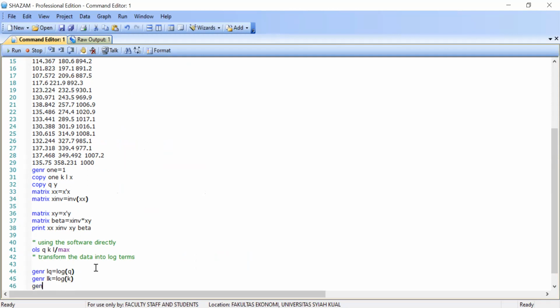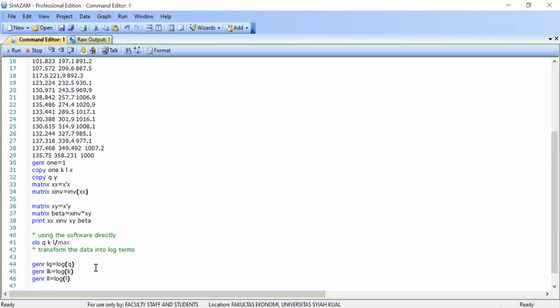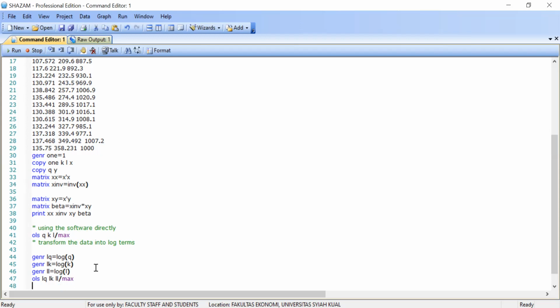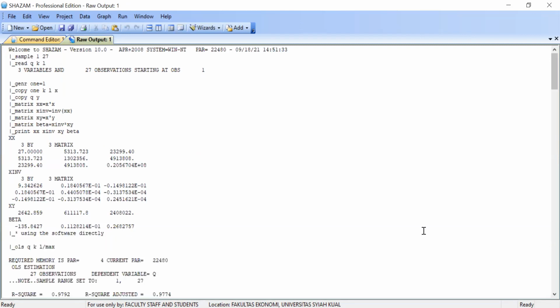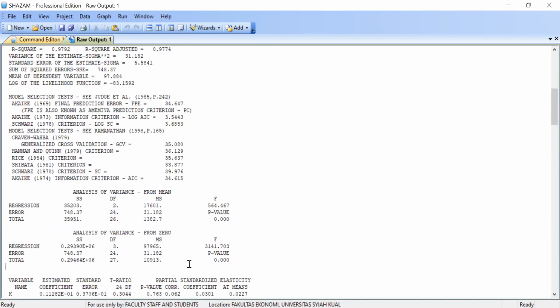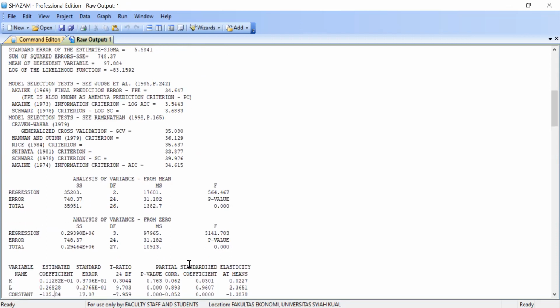Then LS is the log of labor, and we estimate the production function with ln. For example, you take the option of maximum, and then we get the log term. This is the first estimated equation with the log.